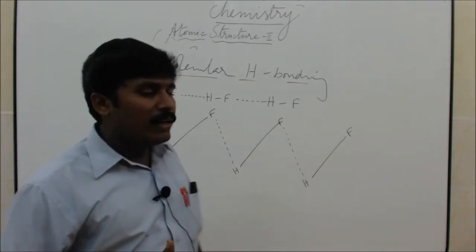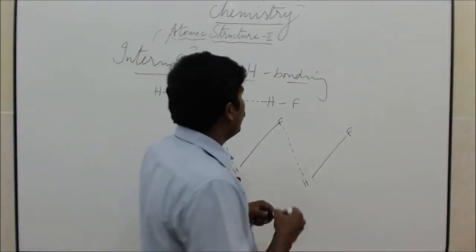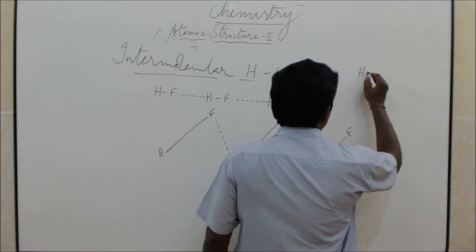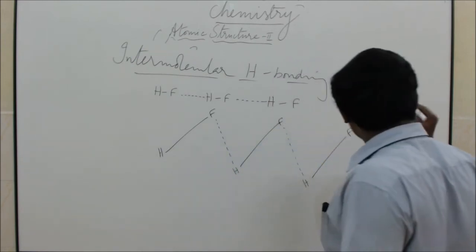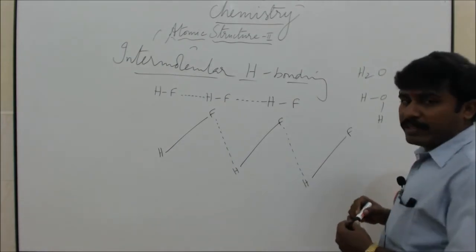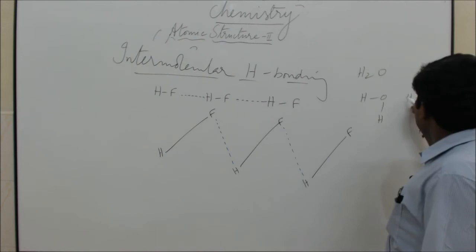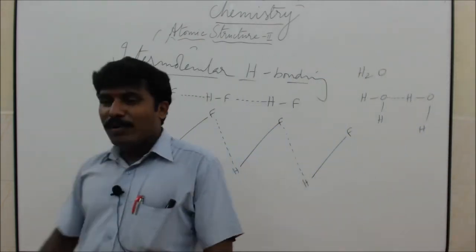Likewise, you can draw it for ammonia or water molecules also. Water, what's the formula? H2O, HOH. This is one water, another water, HOH. Now, the hydrogen bond is between hydrogen and this oxygen. But in the book it is given in a somewhat different manner.